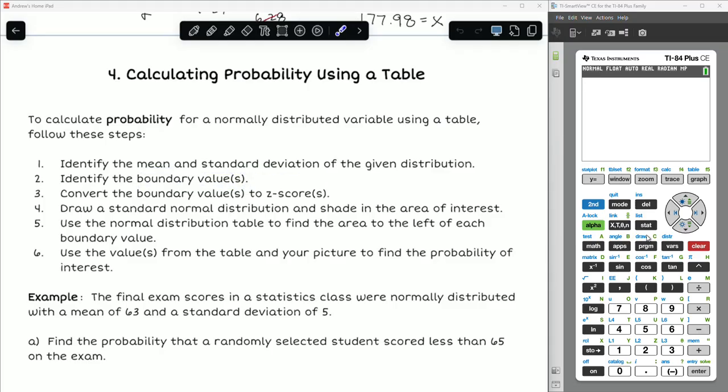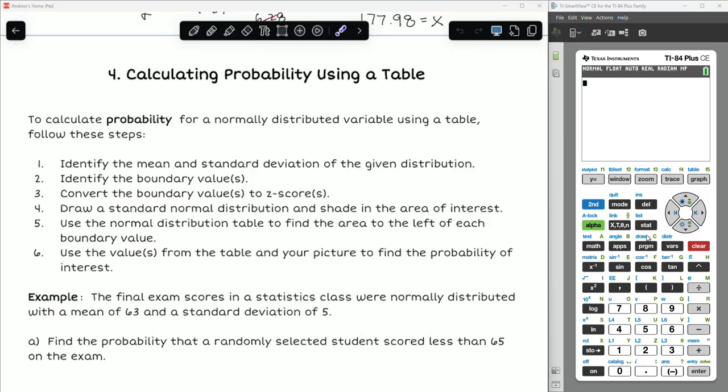If I'm looking at a normally distributed variable that represents the height of teenagers in the US, I might have a boundary that says, what is the probability that a randomly selected high school student in the US is shorter than 67 inches, 5'7". So I would need to identify mean, standard deviation, and the boundary values from the problem.